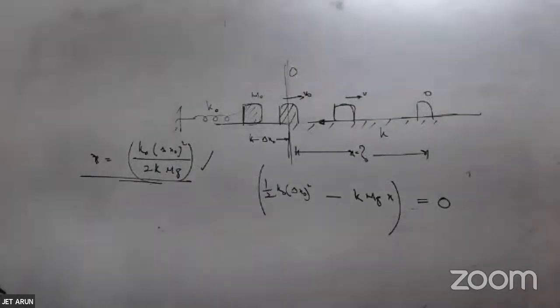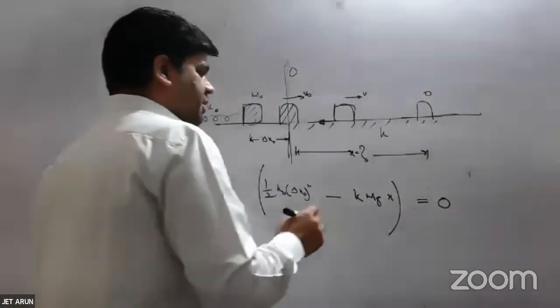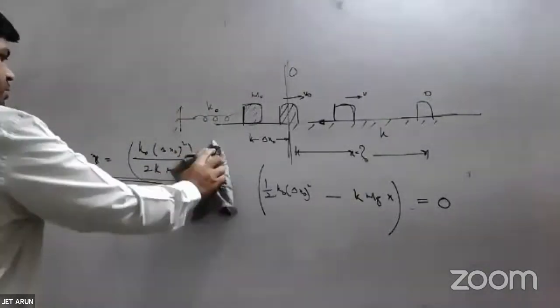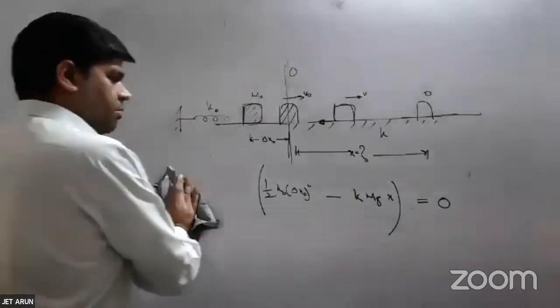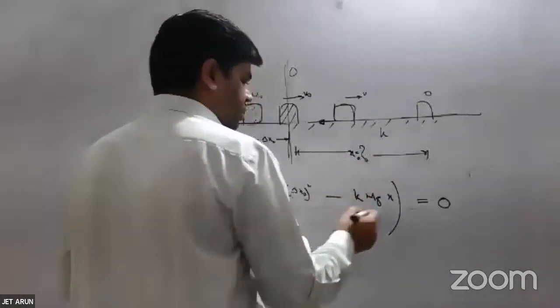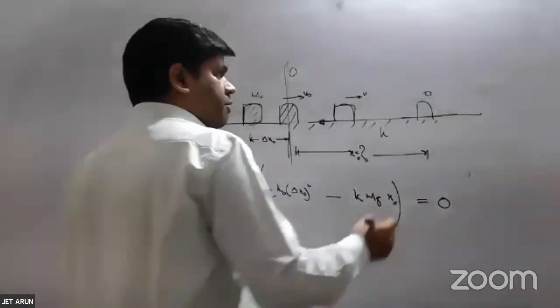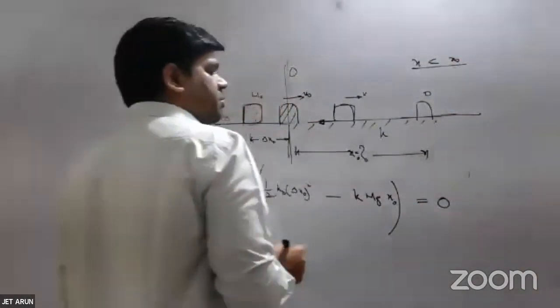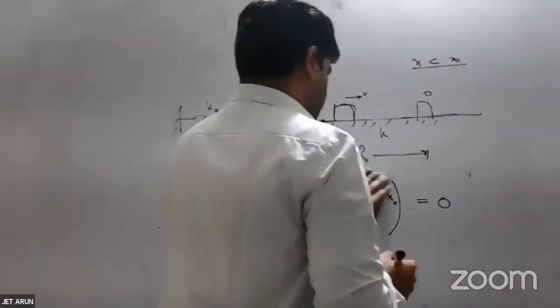Okay. Now if I ask you, given this is x naught, find the velocity when x is less than x naught. How do I do it in that case?